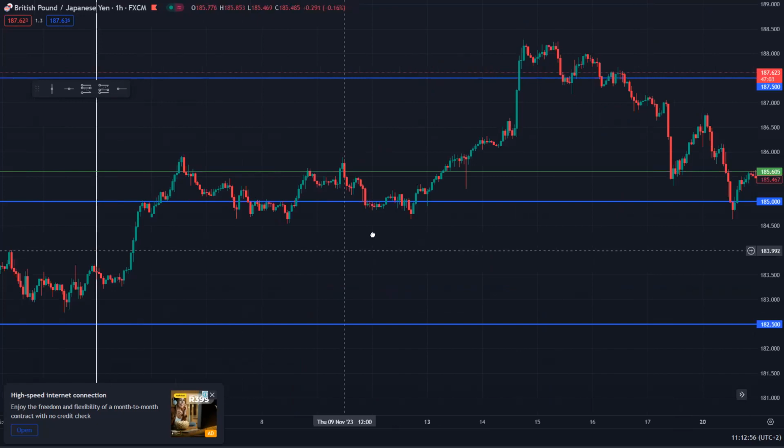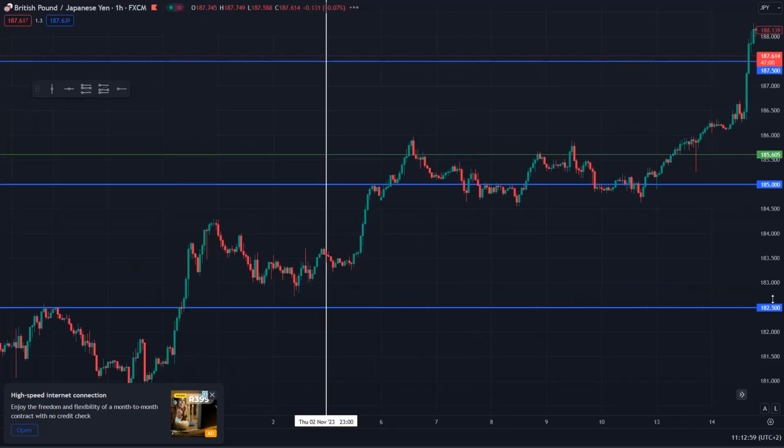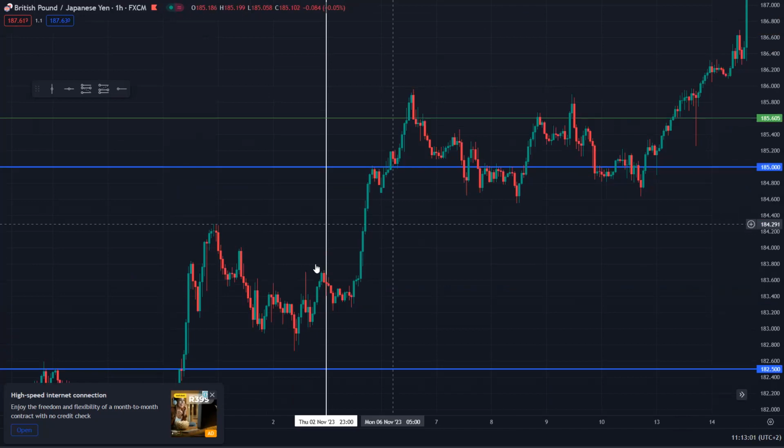As you can see, the market played around in another form. There's a different type of entry system.